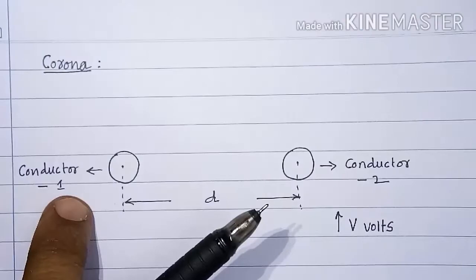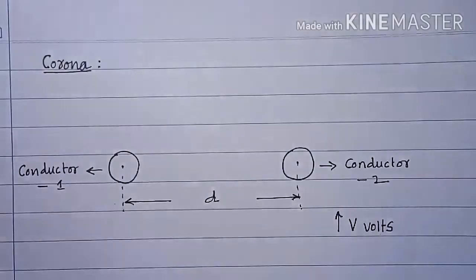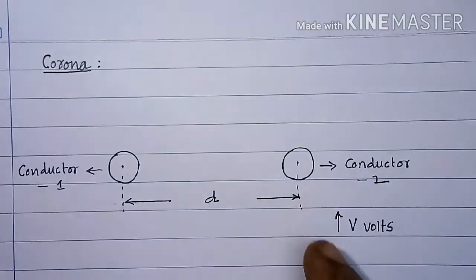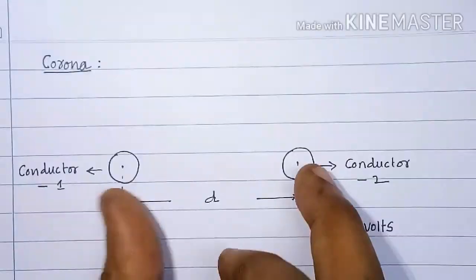Here is conductor 1 and here is conductor 2. Let us say these two conductors are transmitting electrical power with a potential difference of V volts between them.